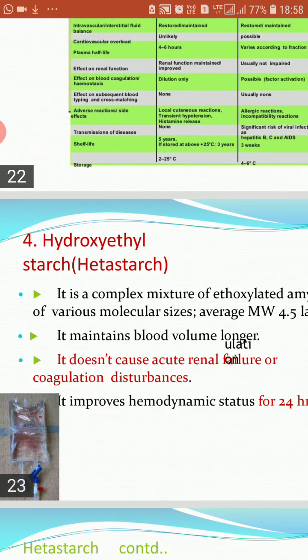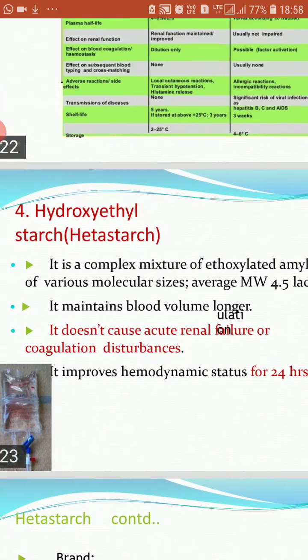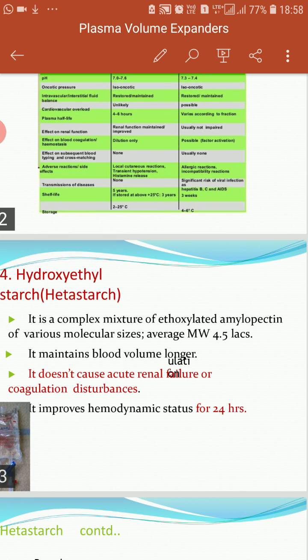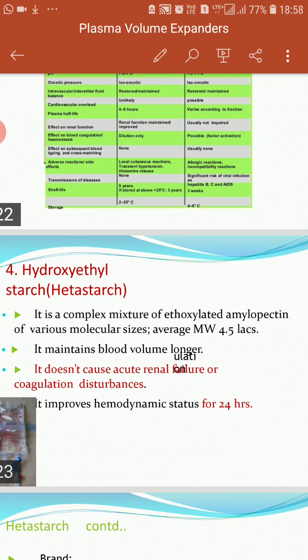Now the fourth group of plasma expanders is hetastarch or hydroxyethyl starch. It is a mixture of ethoxylated amylopectin of various molecular sizes. Average molecular weight is very high. It maintains the blood volume for a longer period. It does not cause acute renal failure or coagulation disturbances.